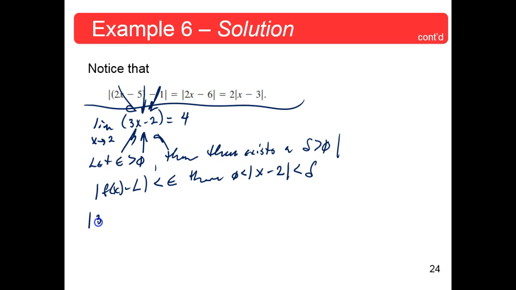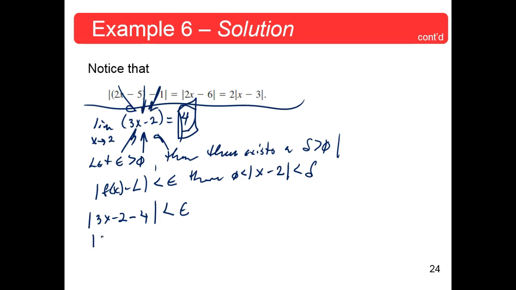That's your function. 3x minus 2 minus, what's your L? That's the 4, okay? Less than epsilon, okay? We want that to be the case. So let's play with this.